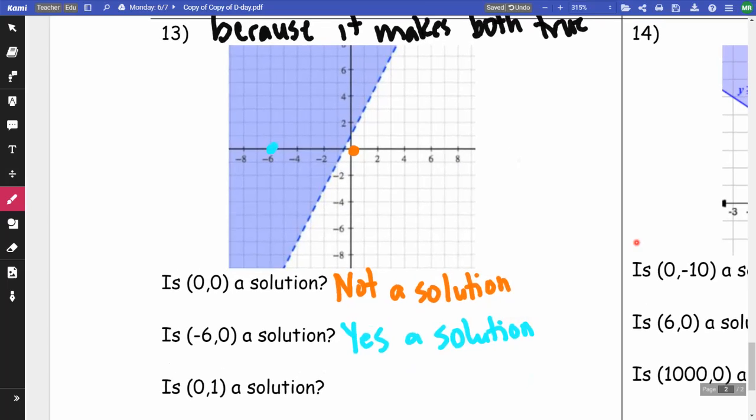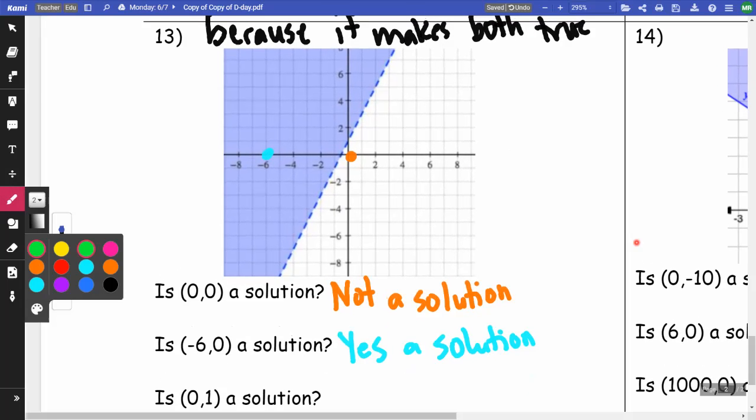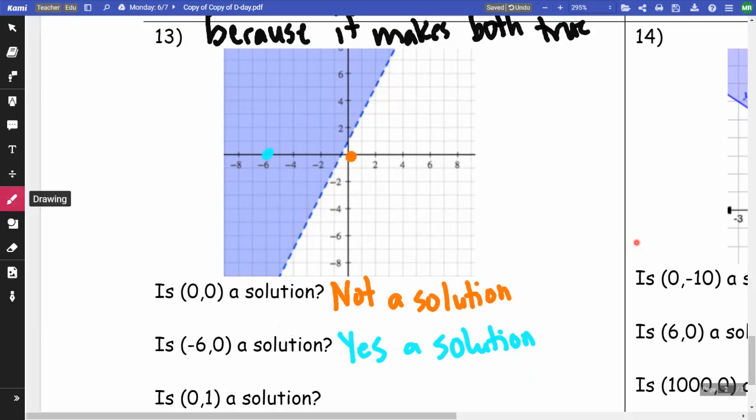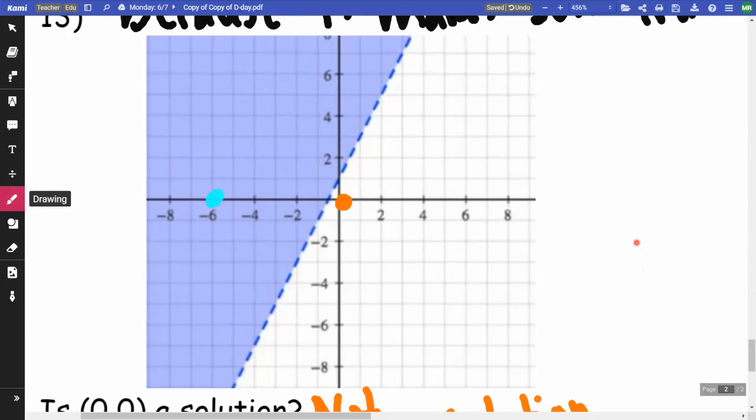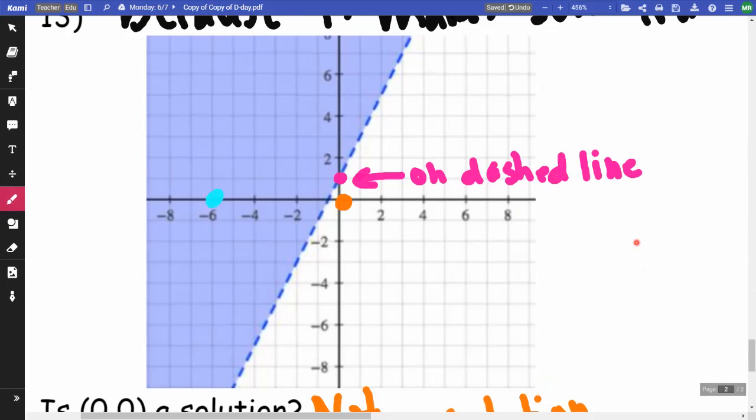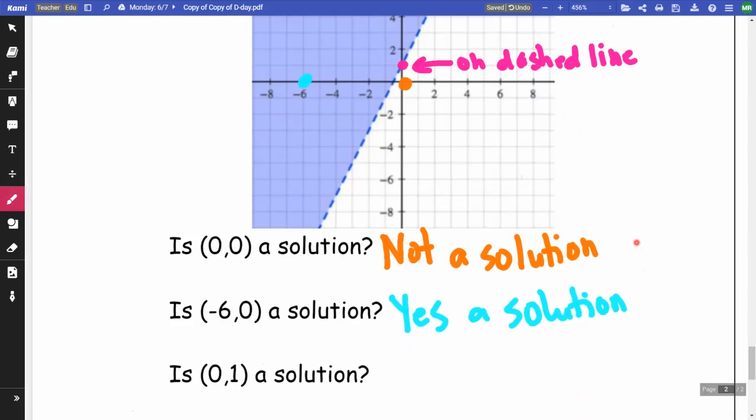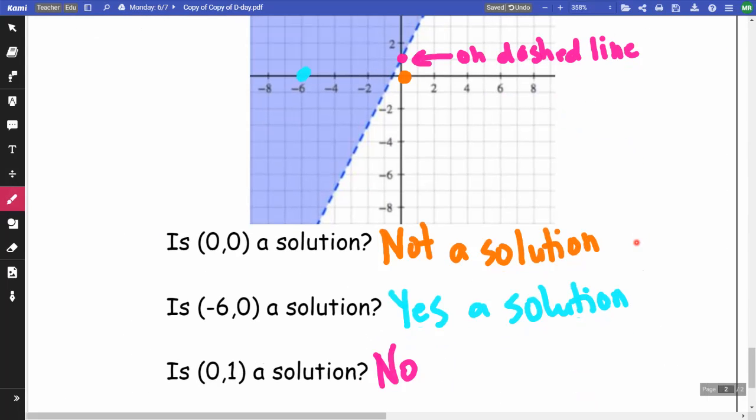And then (0, 1). Let me zoom in, (0, 1). So it's going to be here. Now it's on the dashed line. So if it's on the dashed line, it's not going to be a solution. If it had been a solid line, it would be a solution. So this one is not a solution.